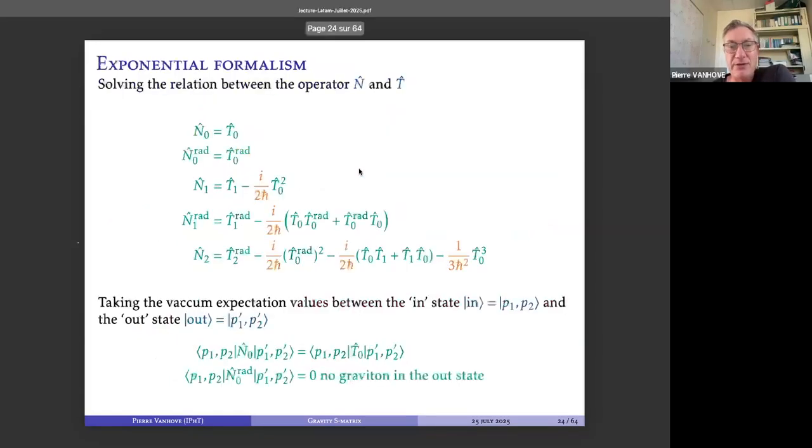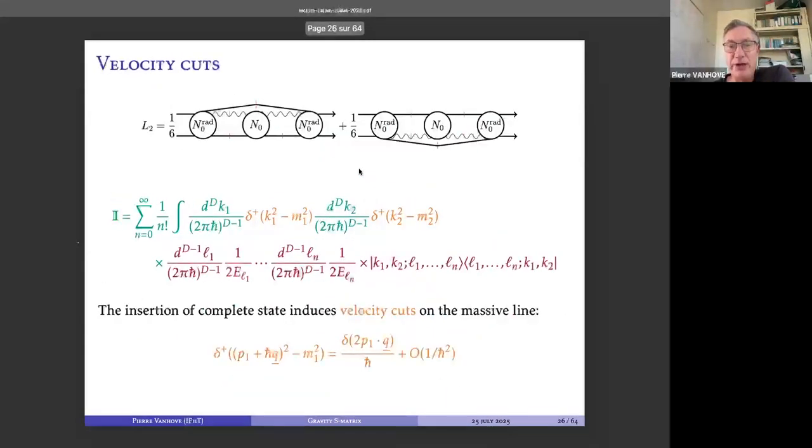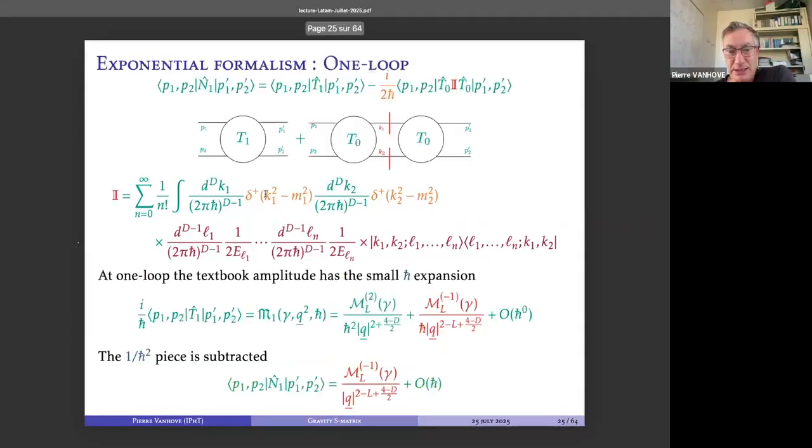That's the proper way to define how you extract this classical quantity, such that when you take the h bar going to 0 limit of this n, n1, n2, to all orders in perturbation theory, you get exactly what you need to put into the classical potential for your post-Minkowskian Hamiltonian.